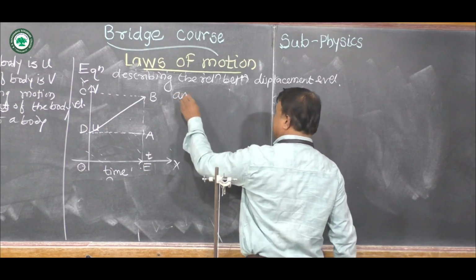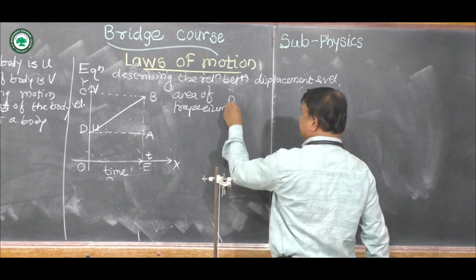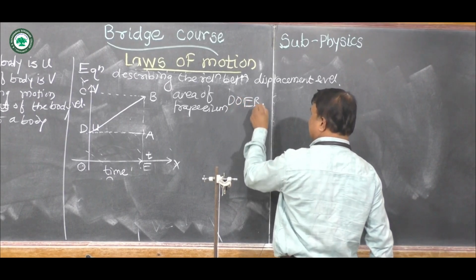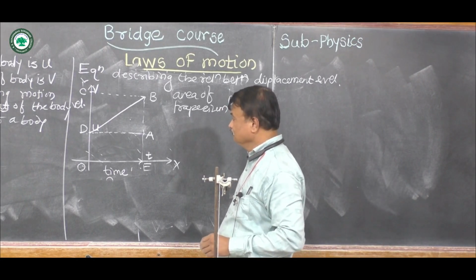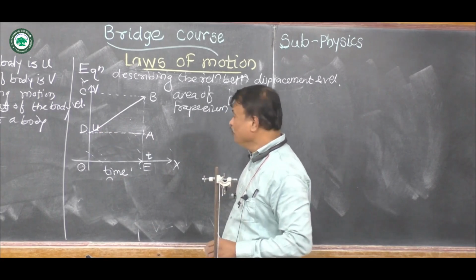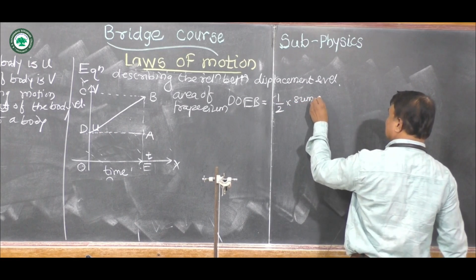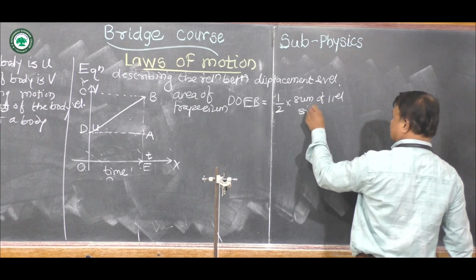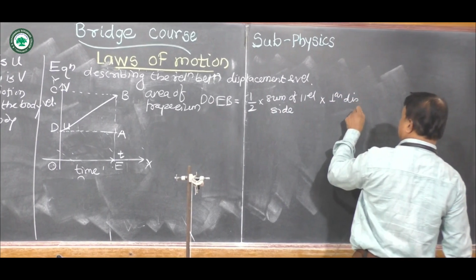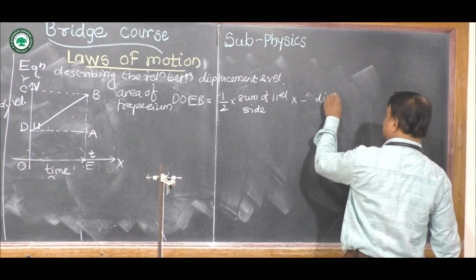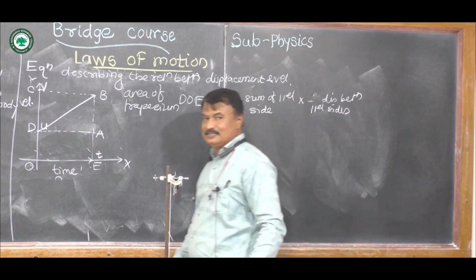So area of trapezium DOEB is equal to half of the sum of parallel sides of this trapezium into the perpendicular distance, or distance between parallel sides.